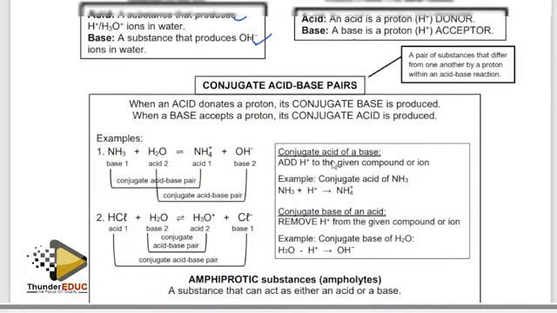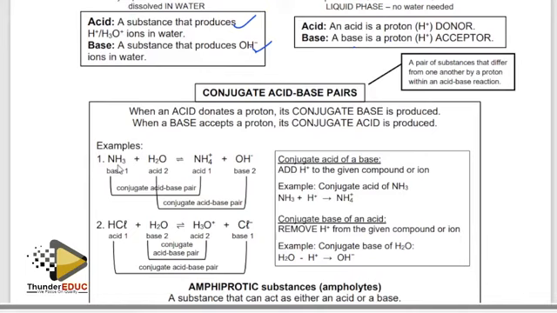Conjugate acid-base pairs, this one is simple. If you identify one side, if you identify the acid, then the other one is going to be a base. You understand? What receives the hydrogen ion becomes the base, and the other side is the acid, because it is supposed to release it. For example, the hydrogen ion from here is going to be taken to this, so this one becomes the acid and this one becomes the base.